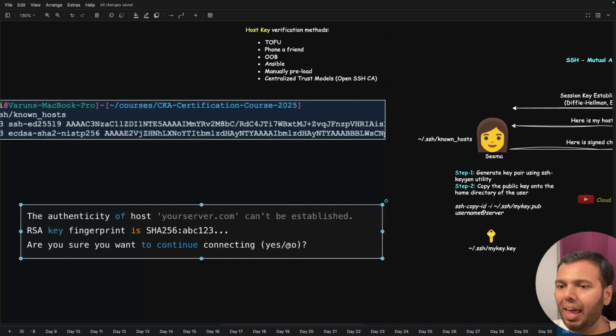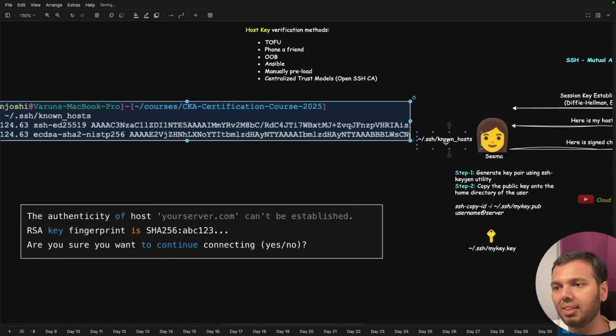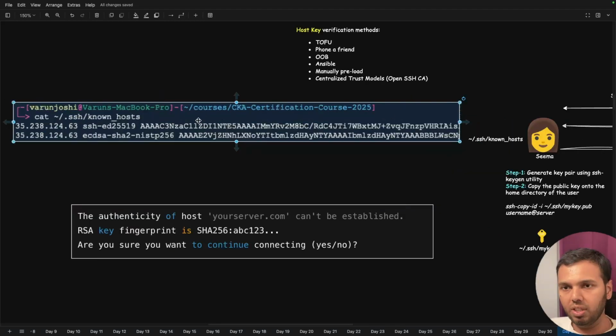As soon as she presses yes for this fingerprint, the public key associated with it is stored in a file known as SSH known hosts. If you see here, this is my .ssh known hosts file. It has two public keys, and these belong to this server.